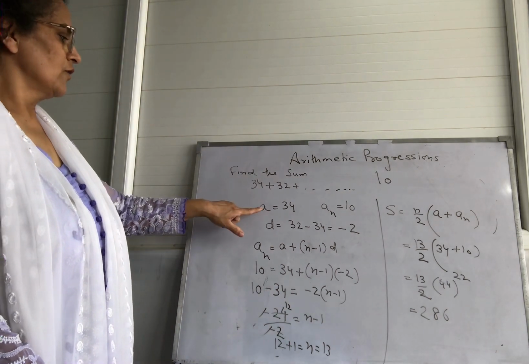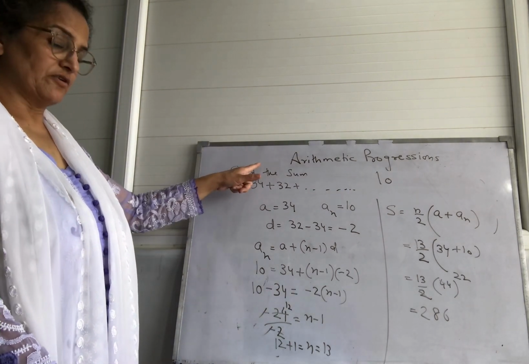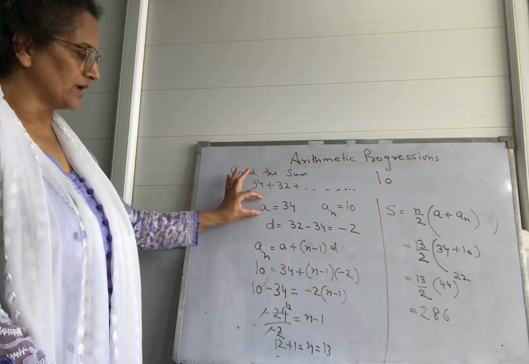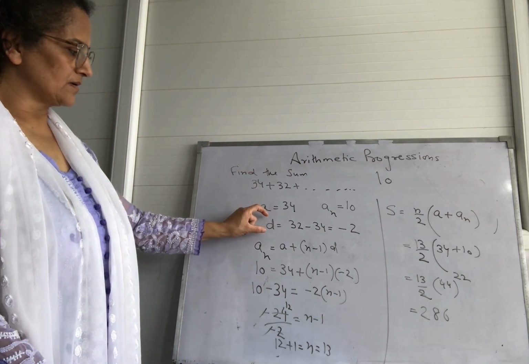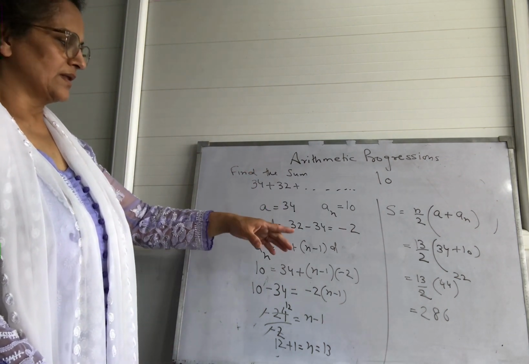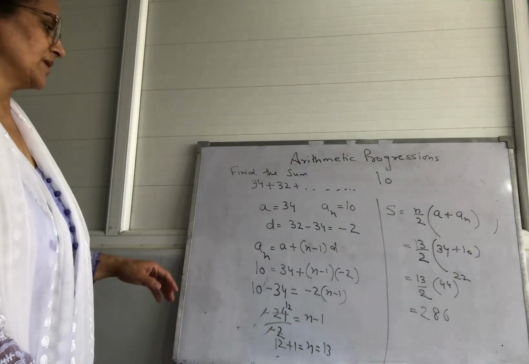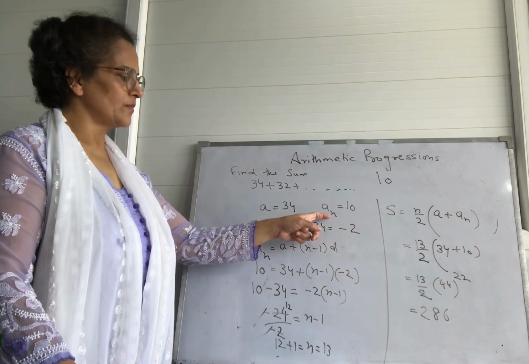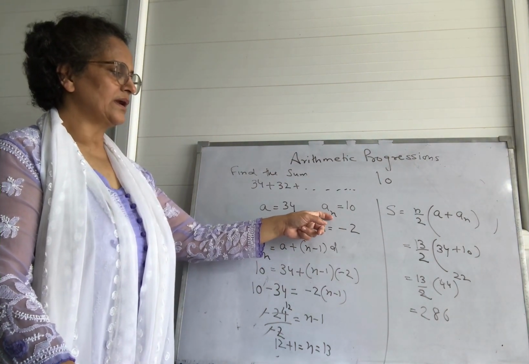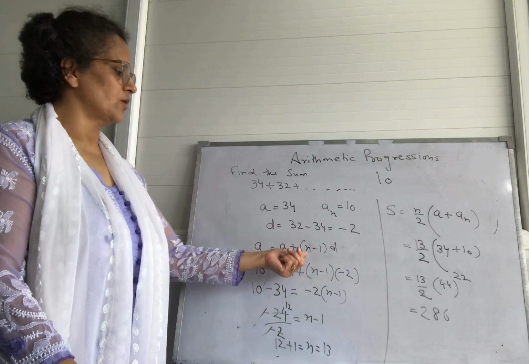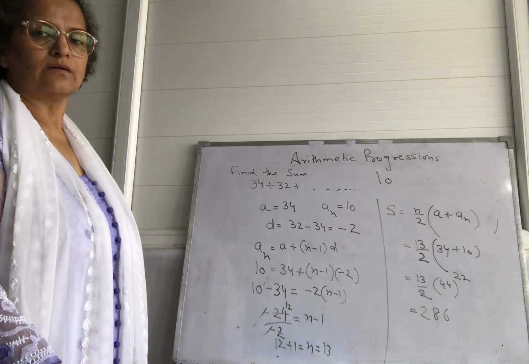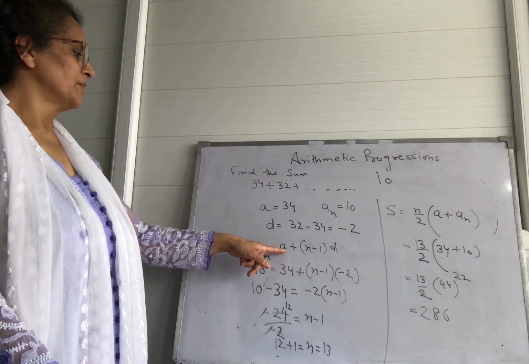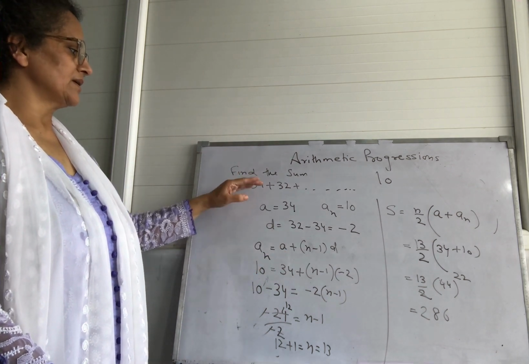I am repeating once again. If they say form an AP, we write the consecutive terms. You can use A, the next term will be A plus D, then A plus 2D, and so on. You can form your AP. If they want you to find A10, you can put in this formula and you can find the 10th term. And now they are asking find the sum.